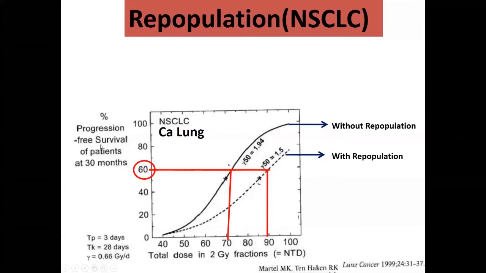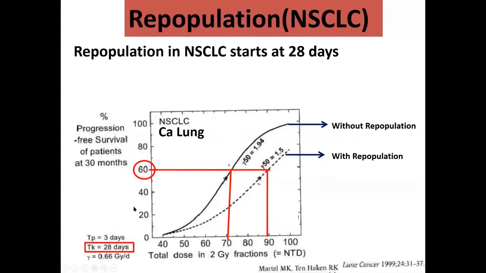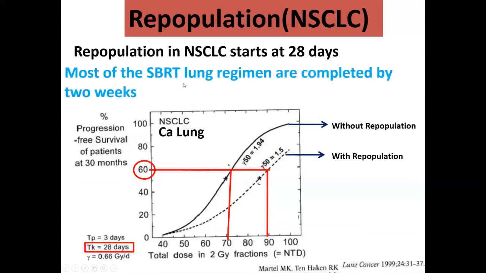In lung cancer, it has been estimated that repopulation or accelerated repopulation starts at 28 days. And we all know that most of the SBRT lung regimens are completed by 2 weeks or even 1 week. So repopulation does not trigger in non-fractionated radiotherapy.